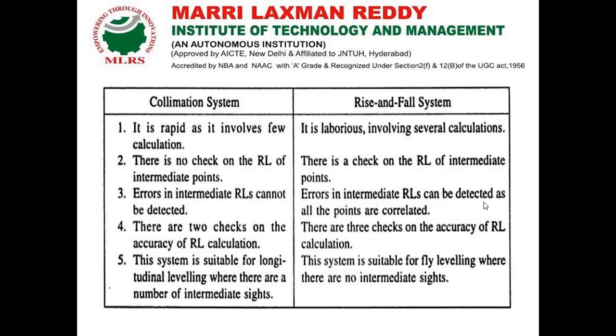I already said there will be continuity between the first reading and last reading, so if there is any error we can find it easily, and those errors can be rectified with the help of the rise and fall method.